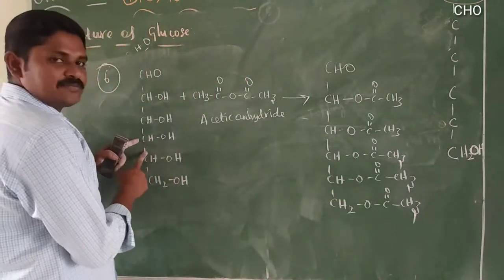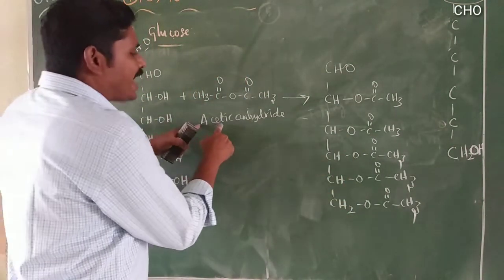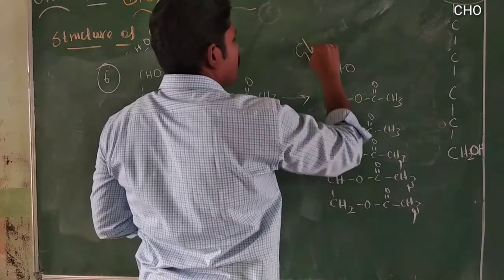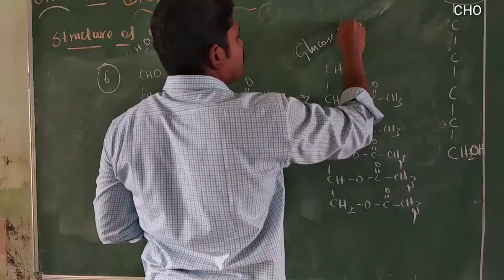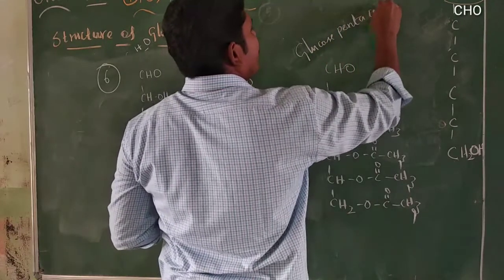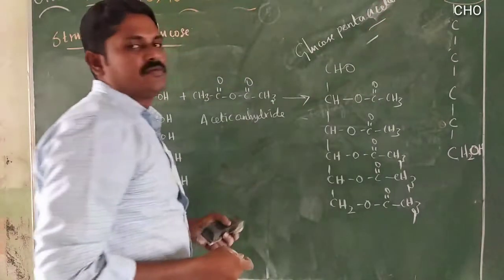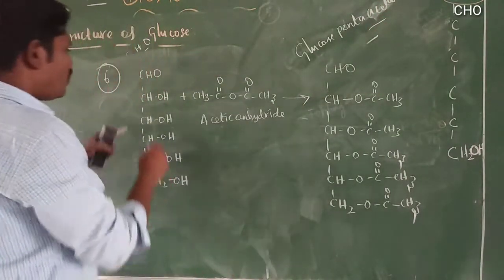Glucose reacts with acetic anhydride to give glucose pentaacetate, right?